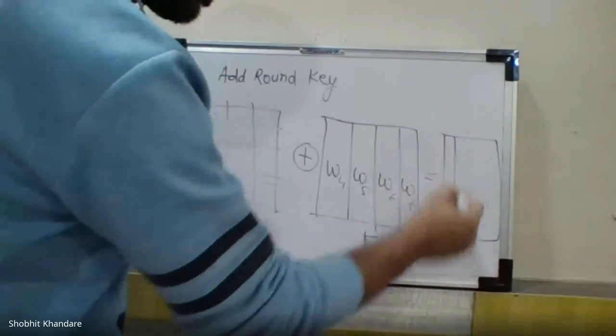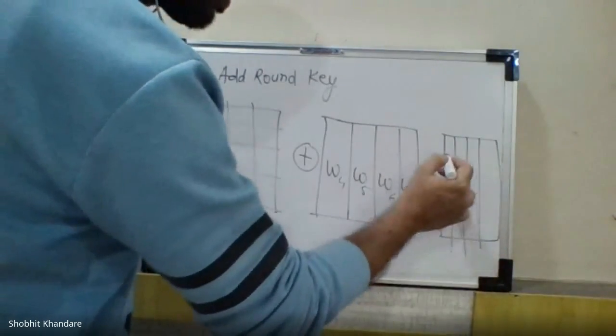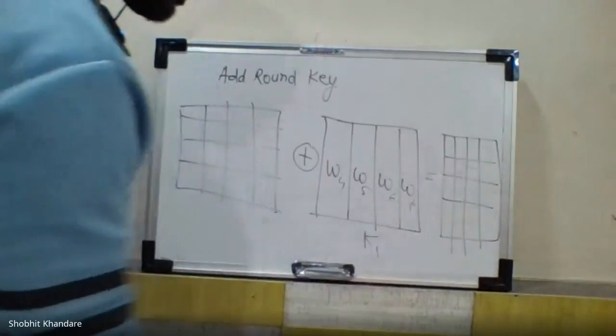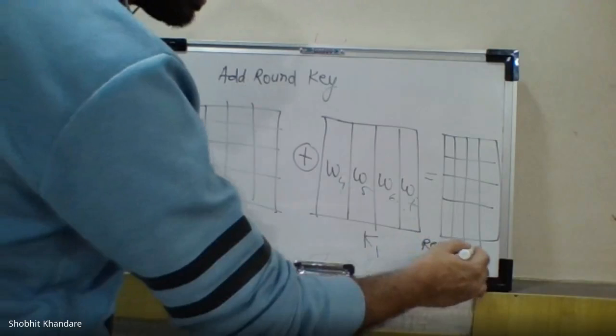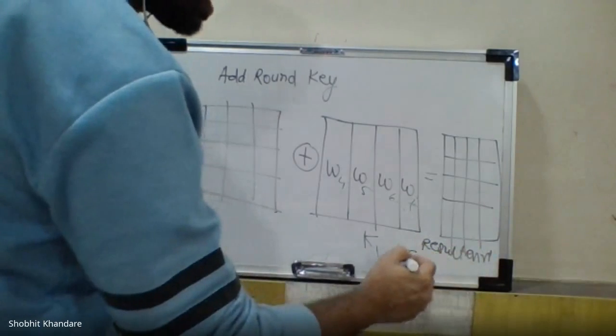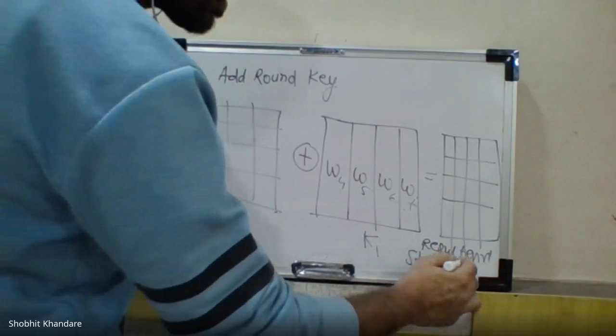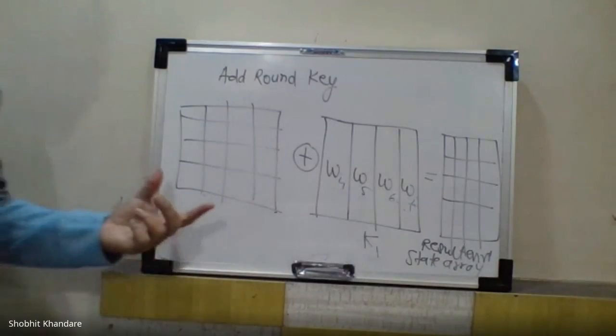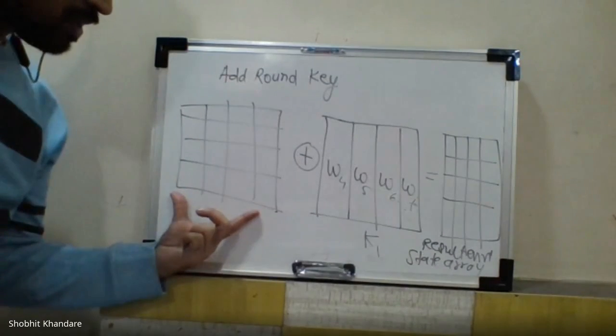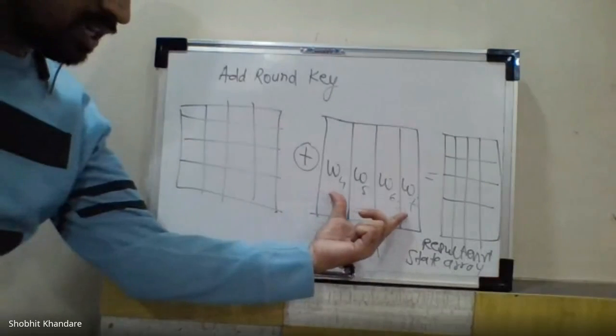This is again 1, 2, 3, 4, 1, 2, 3, 4, and this is your resultant state array. So this is the output of the mixed column getting XORed with the key.